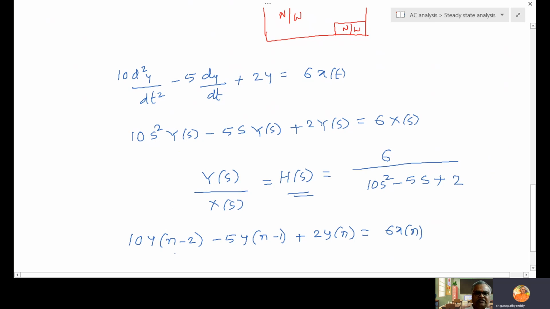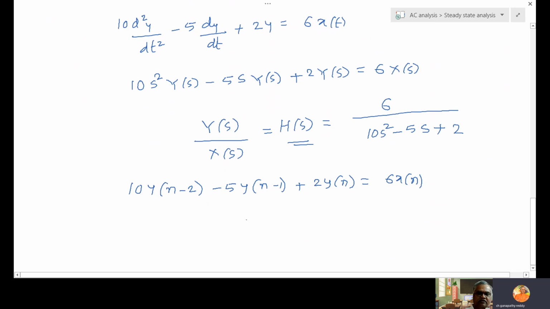What is the name of this? Difference equation. Apply z transform. 10 z power minus 2 into Y of z minus 5 z power minus 1 into Y of z plus 2 Y of z is equal to 6 into X of z.